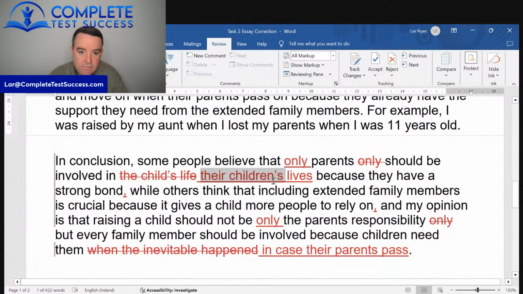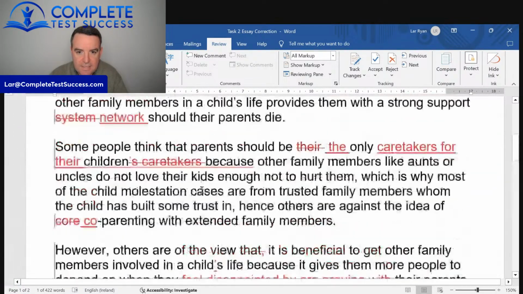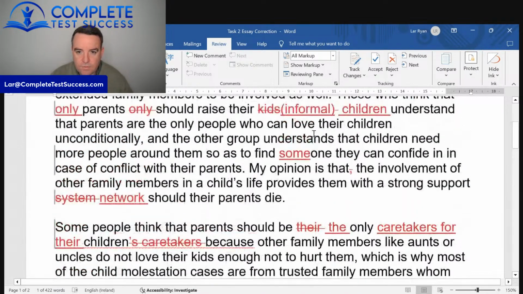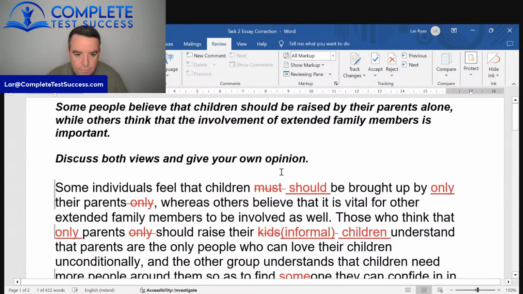Their children, again, another pronoun mistake. So it seems like the mistakes are often with that possessive pronoun there, and that one mistake with someone. So we'd get a band 7, but a good strong band 7. That's not far from a band 8, but just those few mistakes would prevent it from getting an 8.